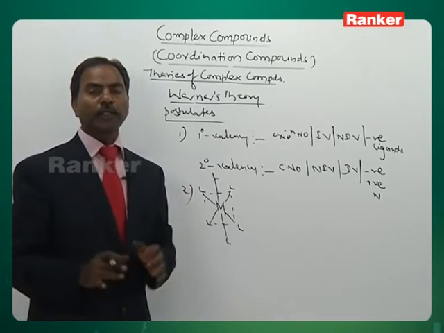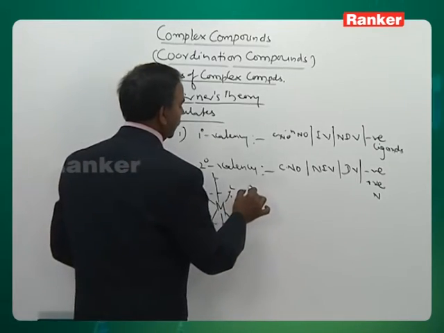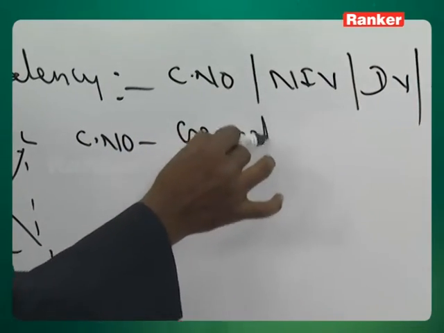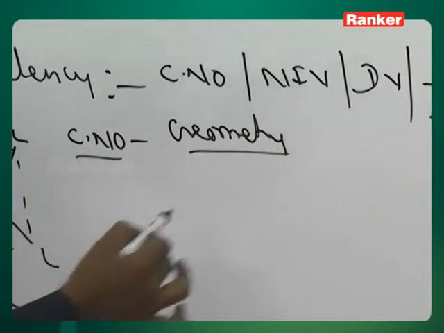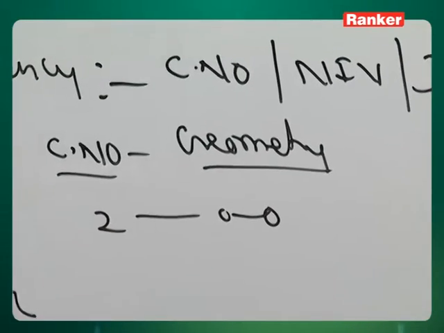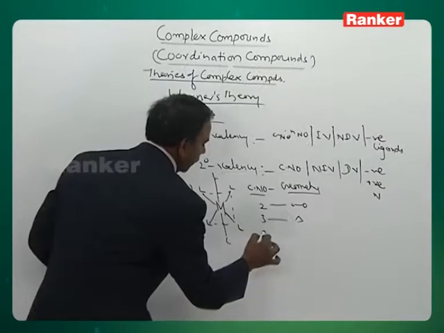What you can understand by this is, based on the coordination number, you can say the geometry. Coordination number and geometry of the complex. Coordination number 2, the geometry will be what? Linear. Coordination number 3, the geometry will be what? Trigonal planar, well known to you.